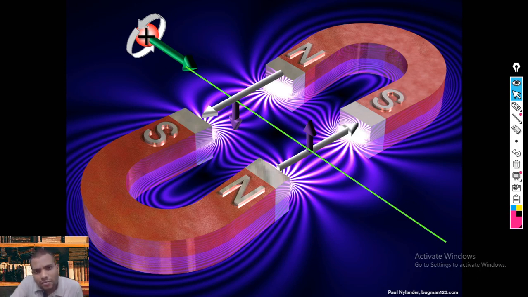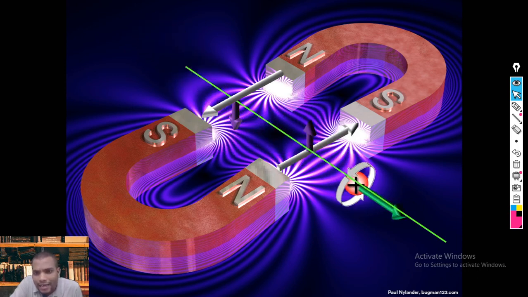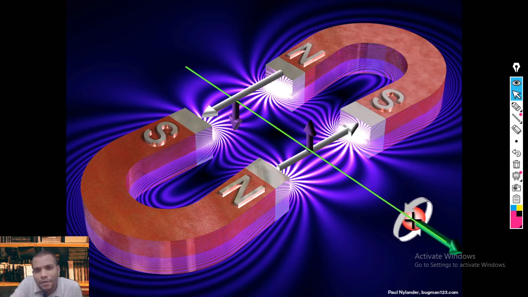Because of the interaction of the velocity vector of the moving charge with the magnetic field vector, the result is a force. That force caused the positron to move down here, and on the other side it is moving up.